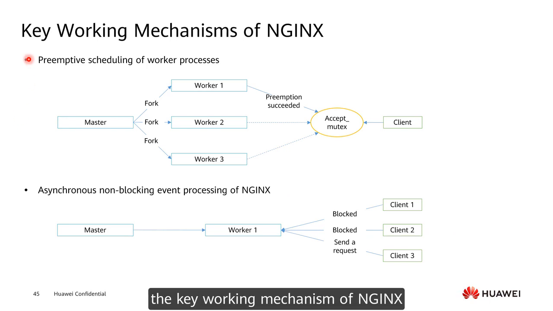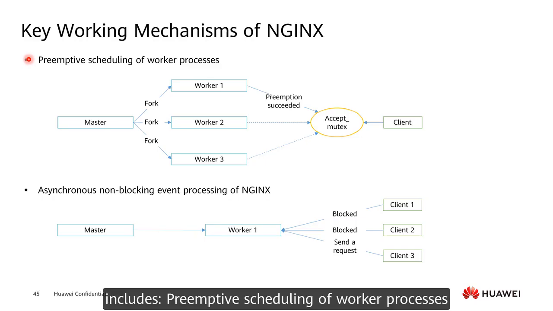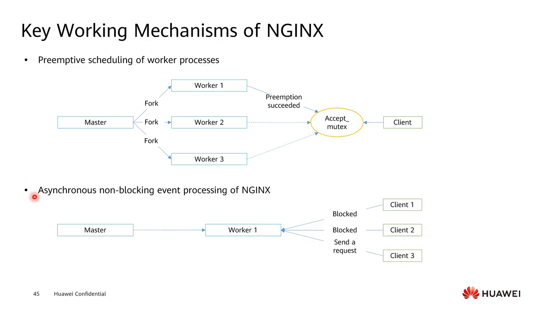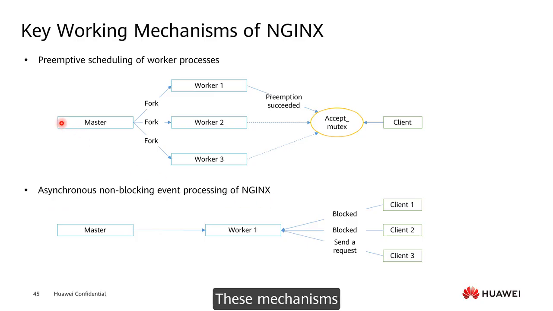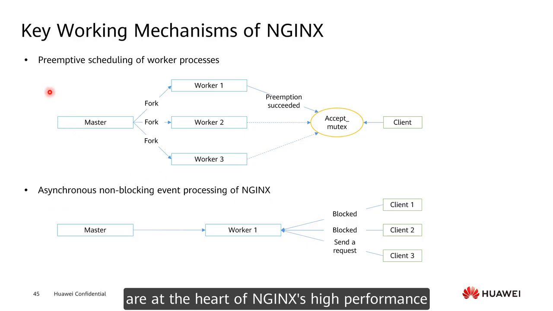The key working mechanisms of Nginx include preemptive scheduling of worker processes and asynchronous non-blocking event processing. These mechanisms are at the heart of Nginx's high performance. Let's introduce them one by one.